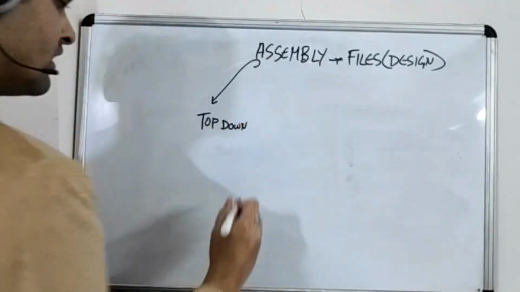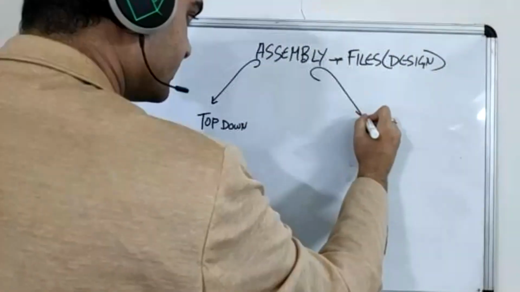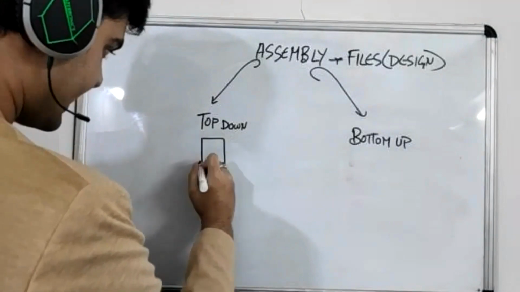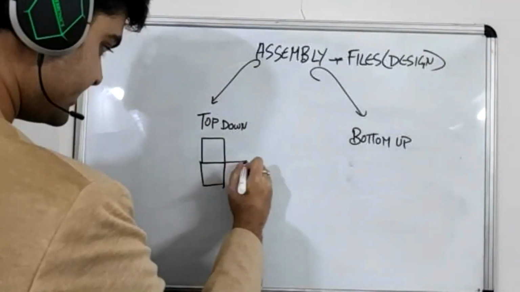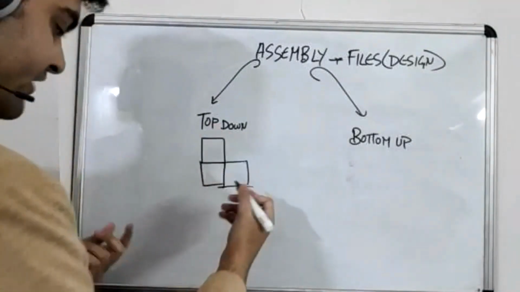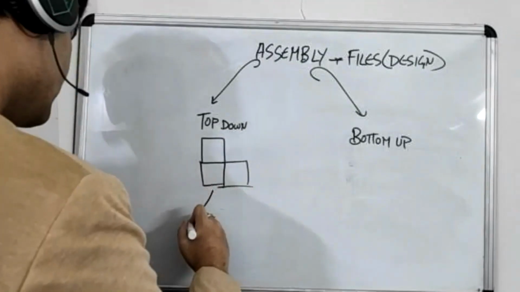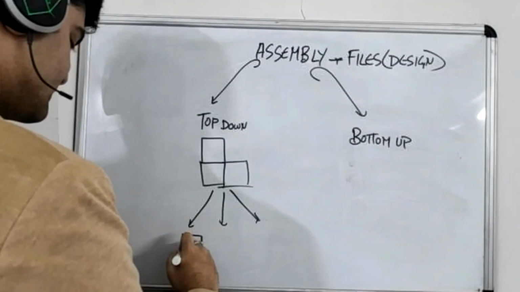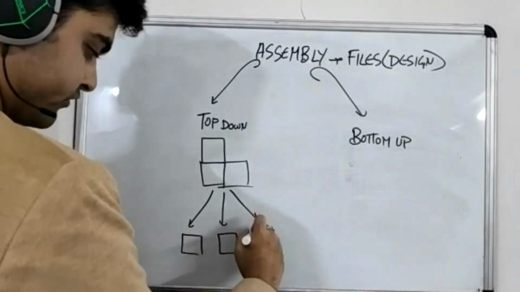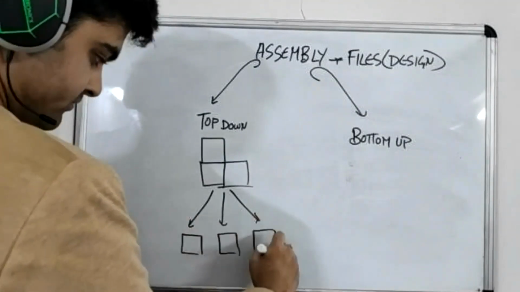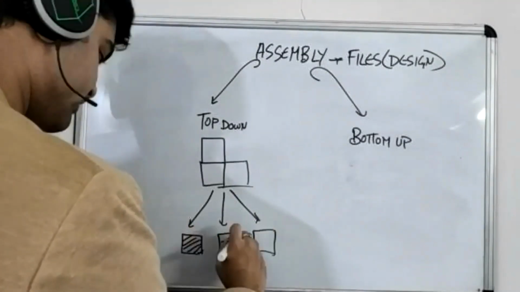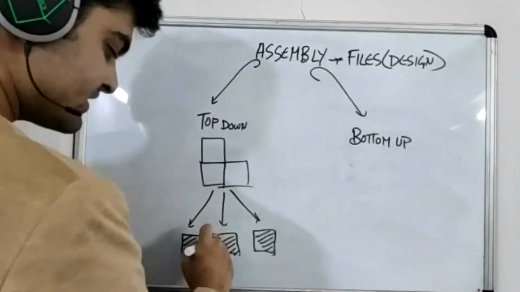Coming to top-down, we start with an empty assembly file, and within that file, we model individual components on top of each other, and all of these parts are linked.